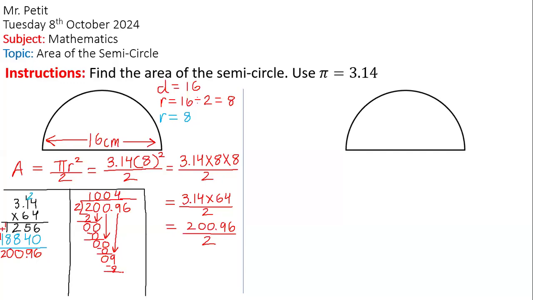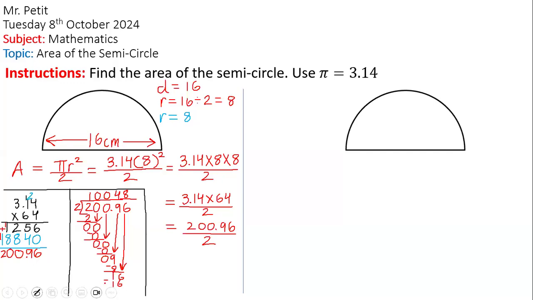And 9 minus 8 is 1. We bring down the 6. How many times does 2 go into 16? 8 times. So 2 times 8 is 16. And so we subtract.